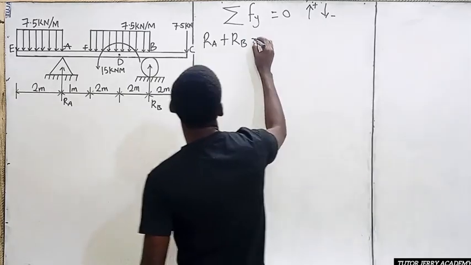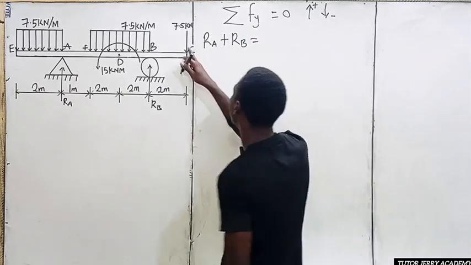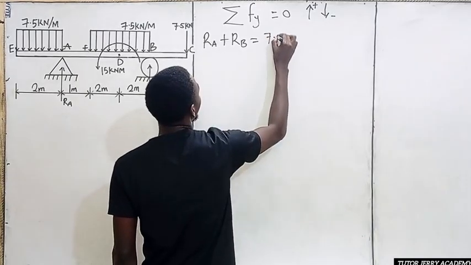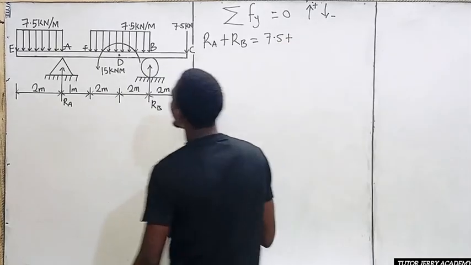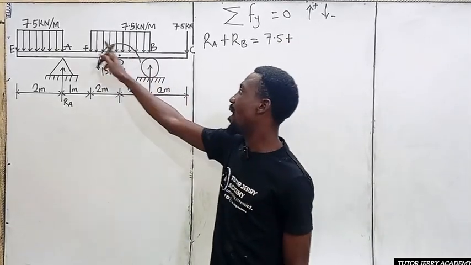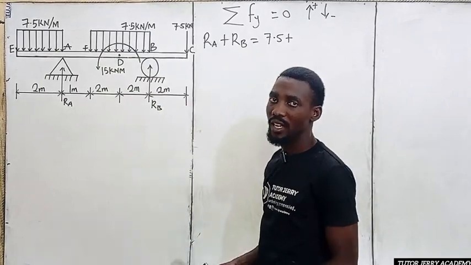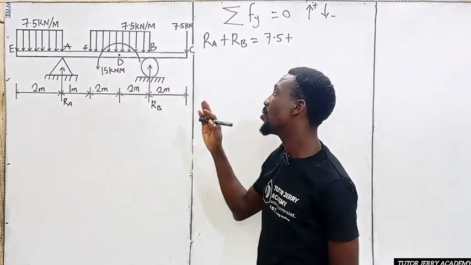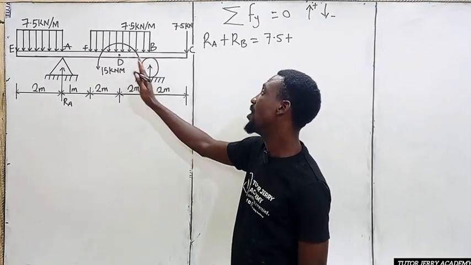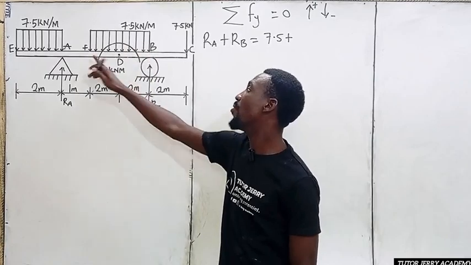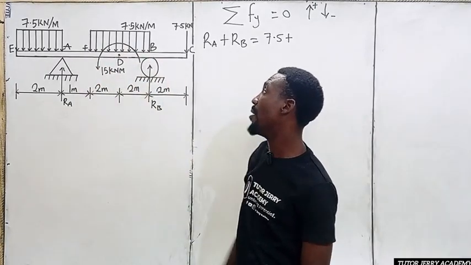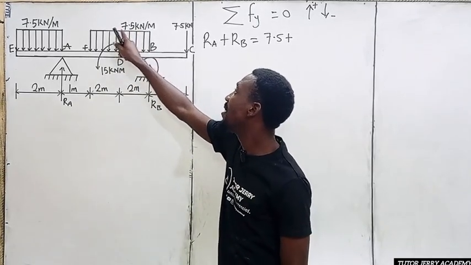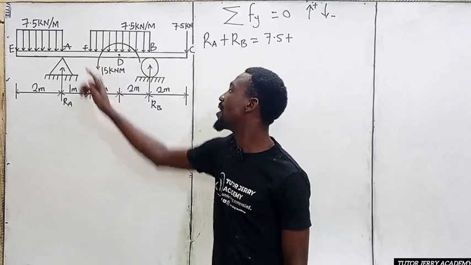All right. So this will be equal to, now let's start with this downward force here, 7.5. 7.5 plus, all right. Now if you look at this, we have a uniformly distributed load here, which we need to convert to a point load. It is going to act at the center of F and B. So for us to convert it to a point load, we multiply 7.5 by the total distance it covers.